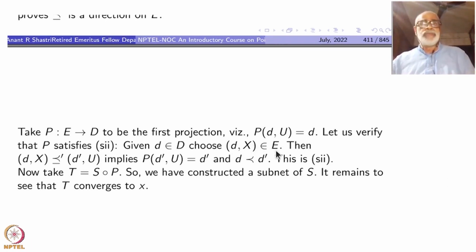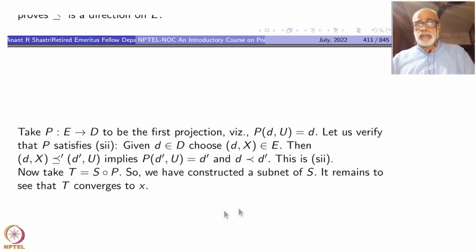So that is an element of E. Then (d, X) is less than or equal to (d', U) just implies P of (d', U) is equal to d'. That d must be less than or equal to d', because d less than or equal to d' is built in here. So that is the meaning of S2. Once you have that, I can take T equal to S composite P. So we have constructed a subnet of S.